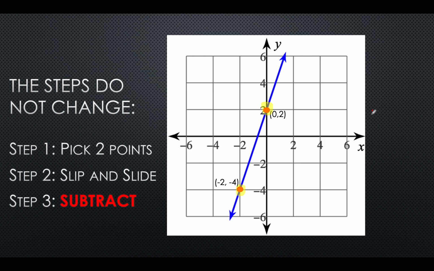So we're going to put 0, 2, negative 2, negative 4, slip and slide. So negative 4 comes down first.